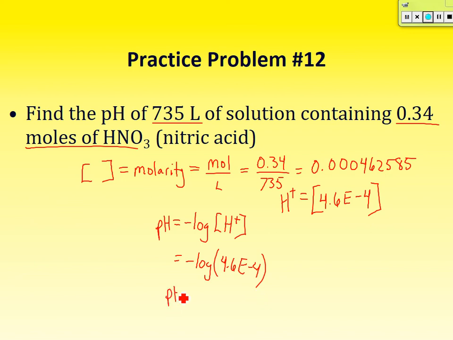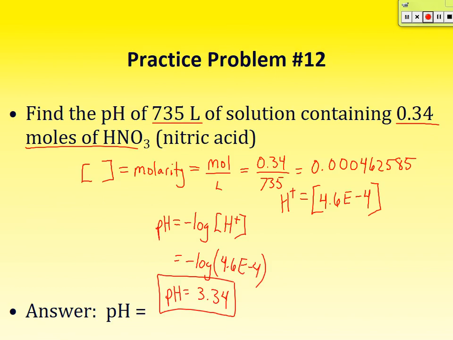And I'm getting that the pH is equal to 3.34. And would that be acidic or basic? And hopefully you're thinking to yourself, that's an acidic solution of 3.34. Is it below 7? So it's definitely acidic. Okay, let's see if we got it right. And we did.